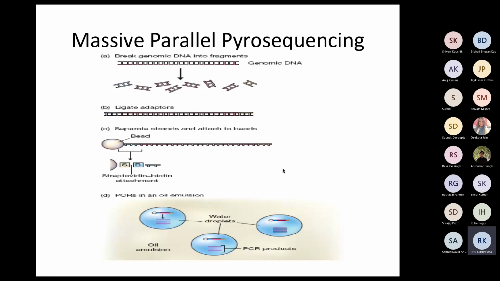Only thing is that I want to perform PCR in an isolated space. So I make an oil-water emulsion, embedding my beads such that each drop has one bead, let's say one fragment bound to one bead. Now, what does this emulsion have?